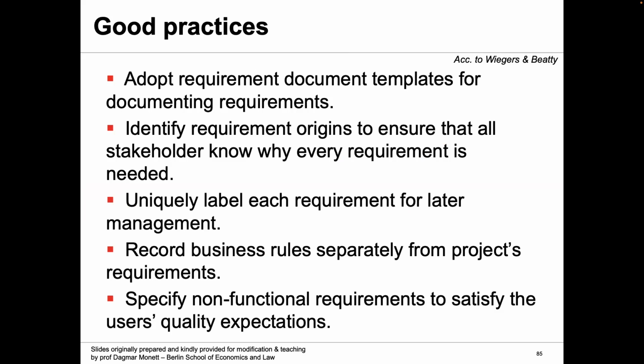To record all your business rules separate from the project's requirements. We also talked about identifying the requirement origins to ensure that all stakeholders know why a requirement is needed. All of these good practices are linked to the good practices of your requirement elicitation and analysis.